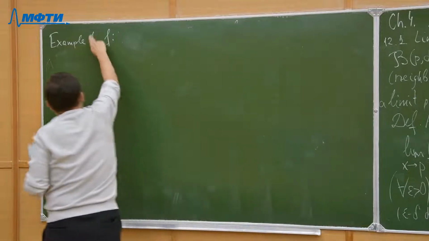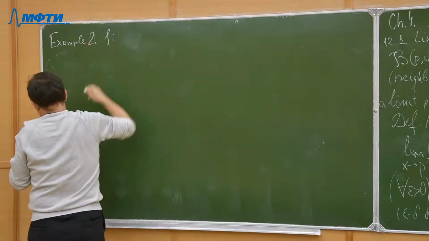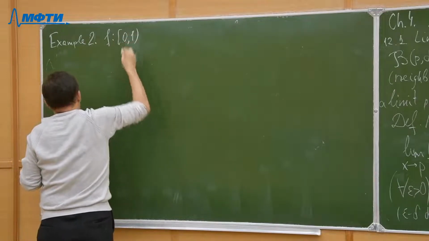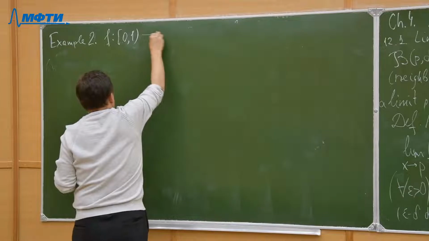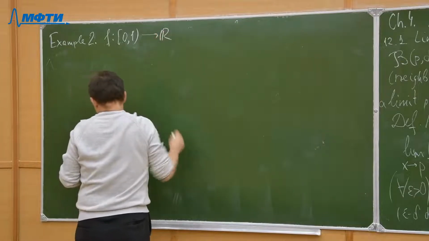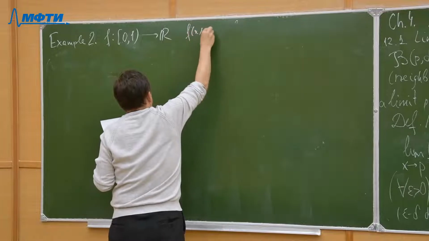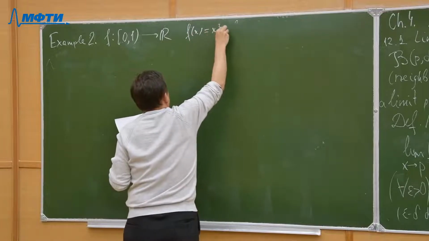Example 2, f from the semi-interval (0, 1] to R is given by f of x equals x squared plus x.